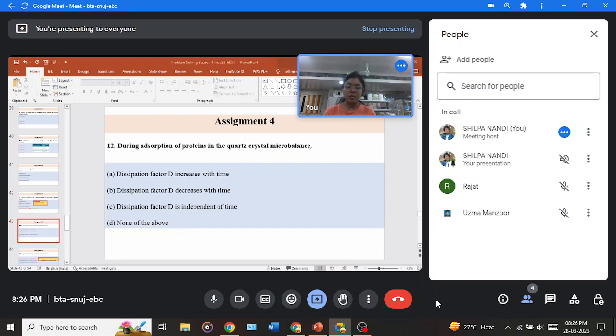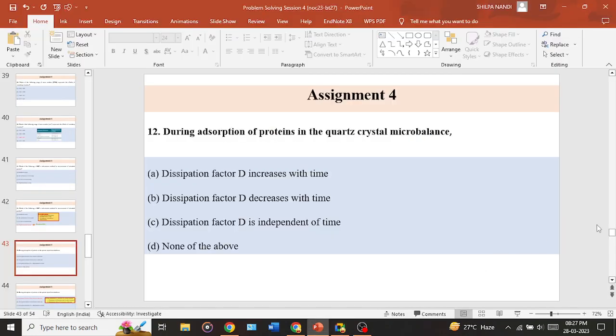This particular question is picked from your lecture number 11, which involves the measurement of various adsorbed proteins. If you want, you can go back to lecture number 11 of your course and easily answer it from there. So fine, we will see what the answer to this question is.